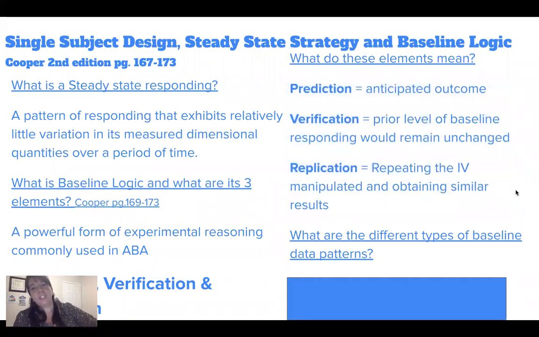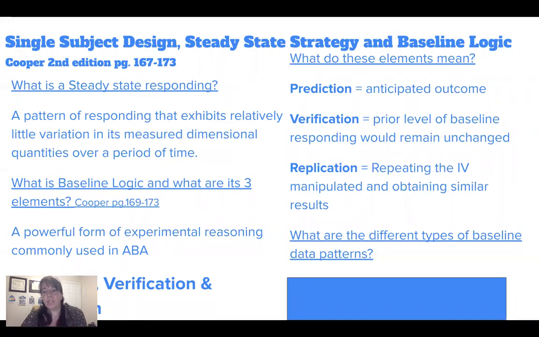All right, so prediction is an anticipated outcome. Perfect. Verification is that the prior level of baseline responding would remain unchanged. So basically it's the same thing repeated, so you're not going to change it. You're going to keep it the same. And then replication is repeating the IV that was manipulated and obtaining similar results. Okay? You guys basically got it.